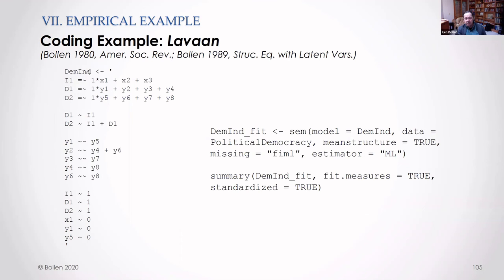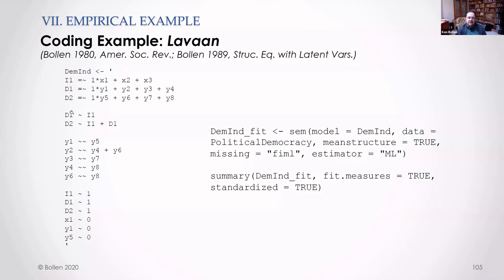You can call it whatever you want. This is how we specify the measurement model. So this says industrialization is measured by X1, X2, X3. Democracy at the first wave is measured by Y1, 2, 3, and 4. And democracy at wave 2 is measured by Y5, 6, 7, and 8.